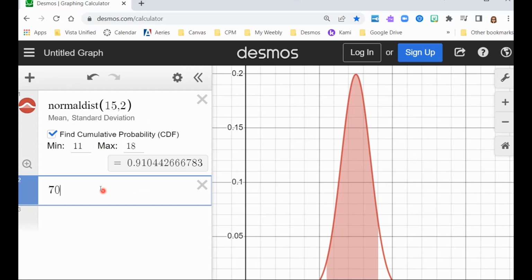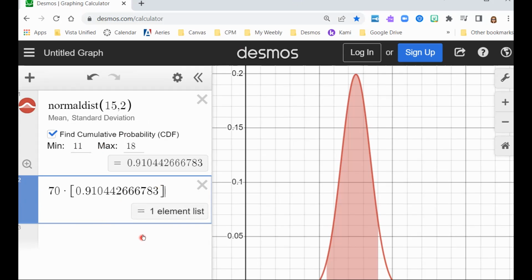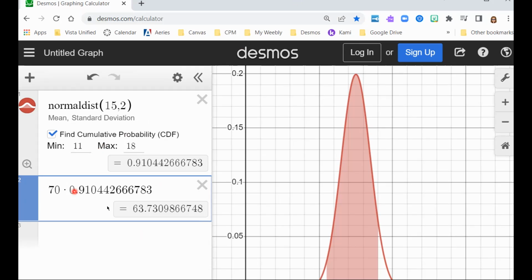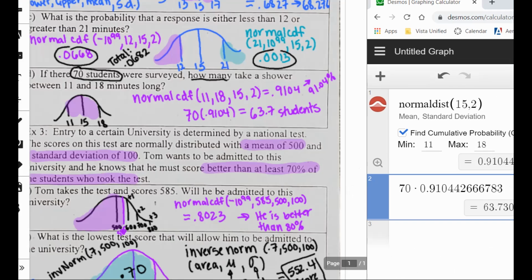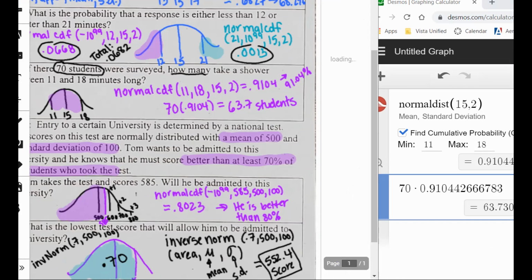So I'm going to take 70 times this, let me copy this and put them here. I end up with 63.73 people. And we got 63.7 people. So we got the same answer.